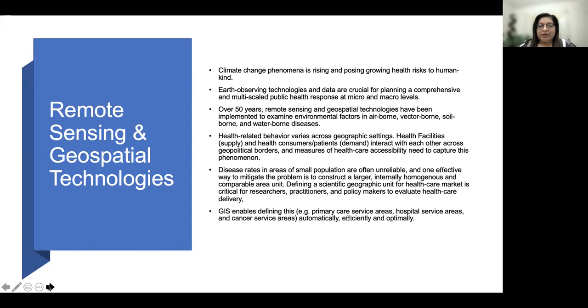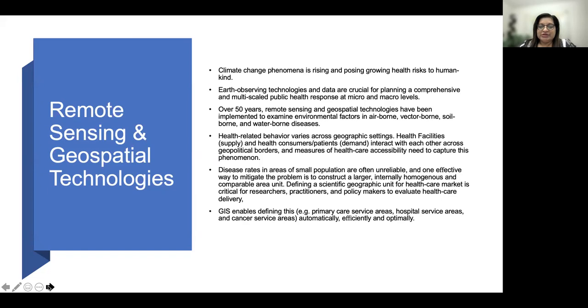Health-related behavior is contextual. It varies across geographic settings. Health facilities or supply and health consumers or demand interact with each other across geopolitical borders, and measures of healthcare accessibility need to capture this phenomenon.